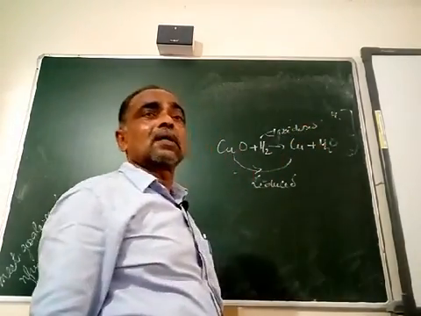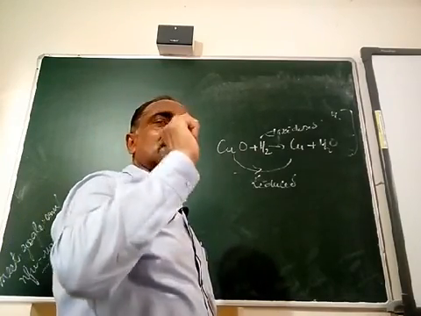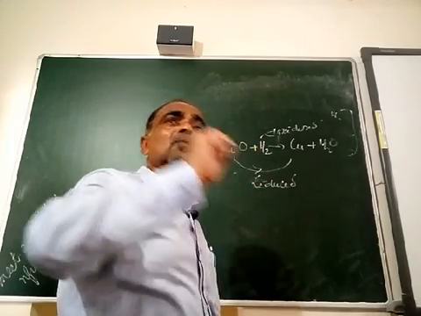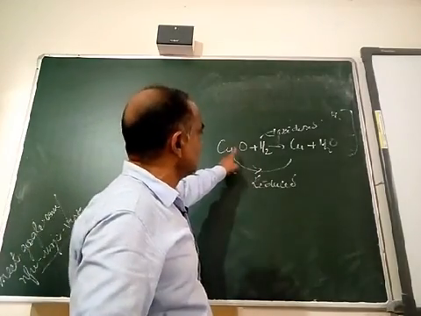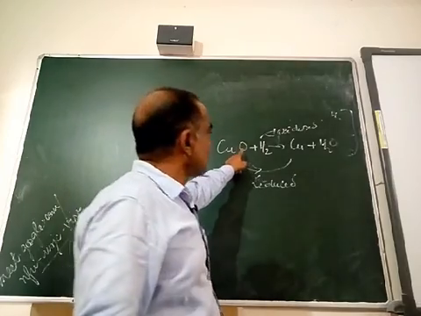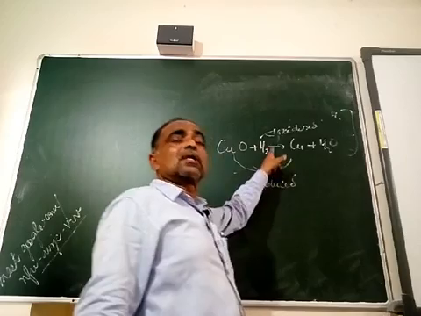So what you must understand is, in case the question is asked what is being oxidized and what is reduced, you must say from which reactant to what product. Remember that. For example, copper oxide, when oxygen is lost, is getting converted into copper. So loss of oxygen is known as reduction.